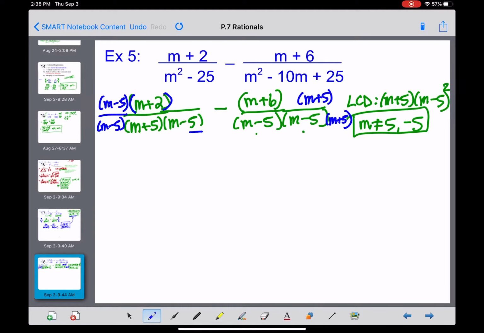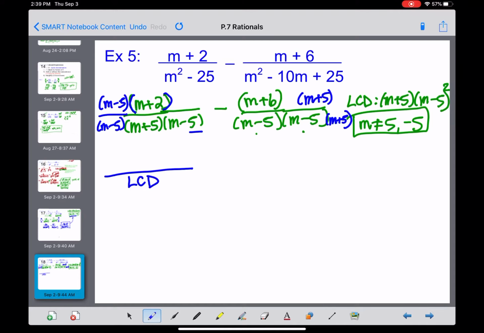Okay, so now since this denominator is a lot to keep writing, I'm okay with you just writing LCD here, but in your final answer, you need to make sure you actually write the LCD. So the LCD is on the bottom, and I need to multiply out the top. In order to combine the numerators, they have to be multiplied out first.